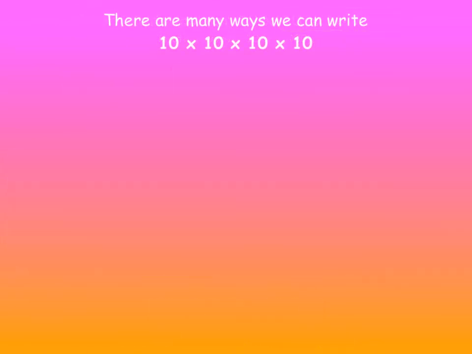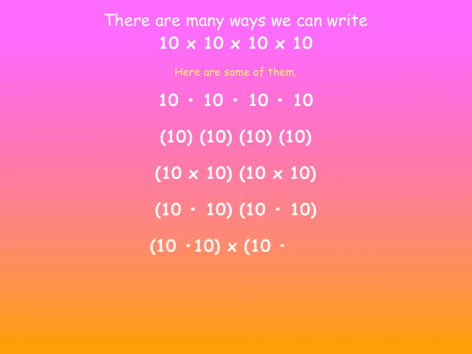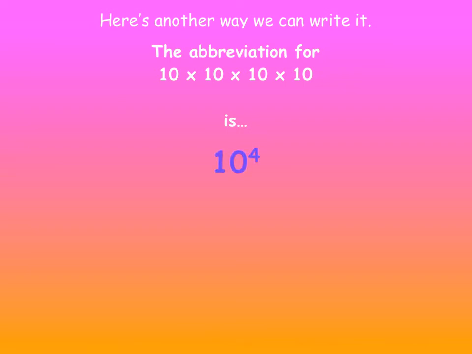There are many ways we can write 10 times 10 times 10 times 10. You can write it with x's, or you can write it with dots, with parentheses and x's, parentheses and dots. You can mix all these different ways together. Here's another way we can write it. The abbreviation for 10 times 10 times 10 times 10 is 10 with a little 4 written up high.